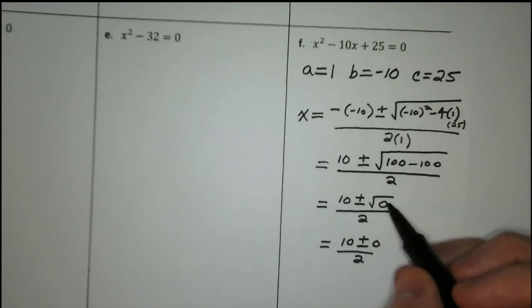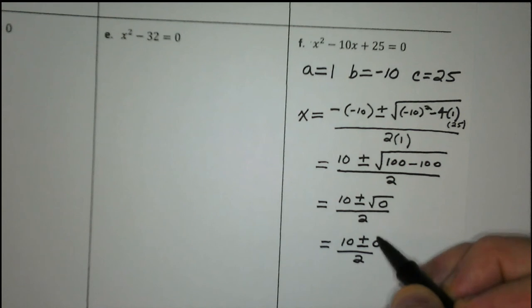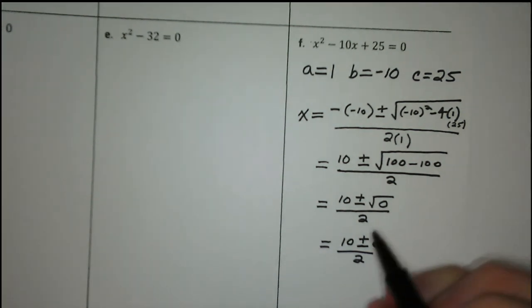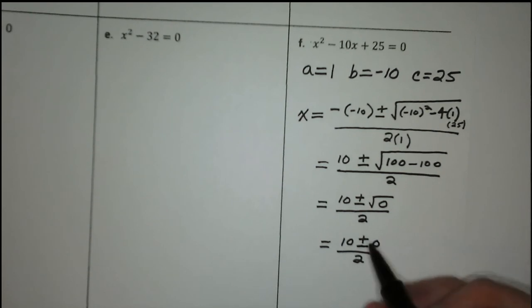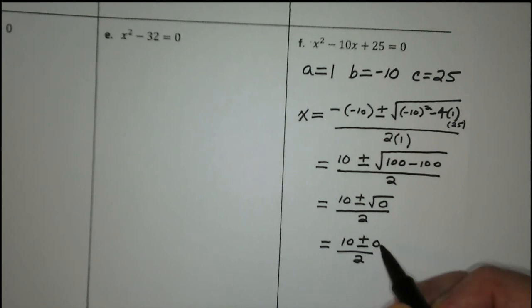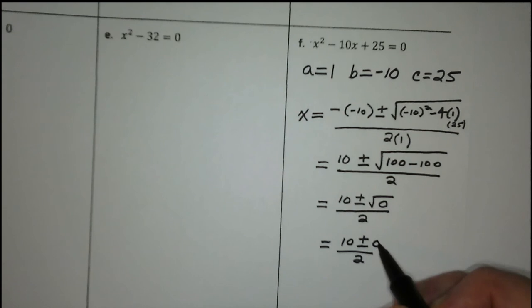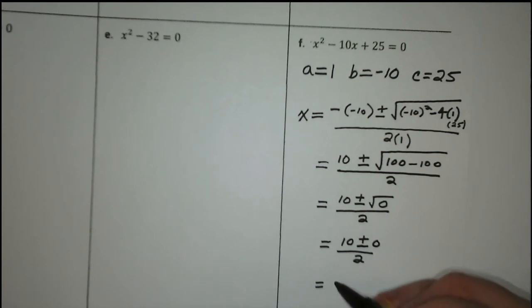Okay? So here's what happens. If you end up actually being able to do this square root, you need to take this all the way to the end. You have to literally break this up into your two separate examples by doing 10 plus 0 all divided by 2. So 10 plus 0 is 10, divided by 2 is 5.